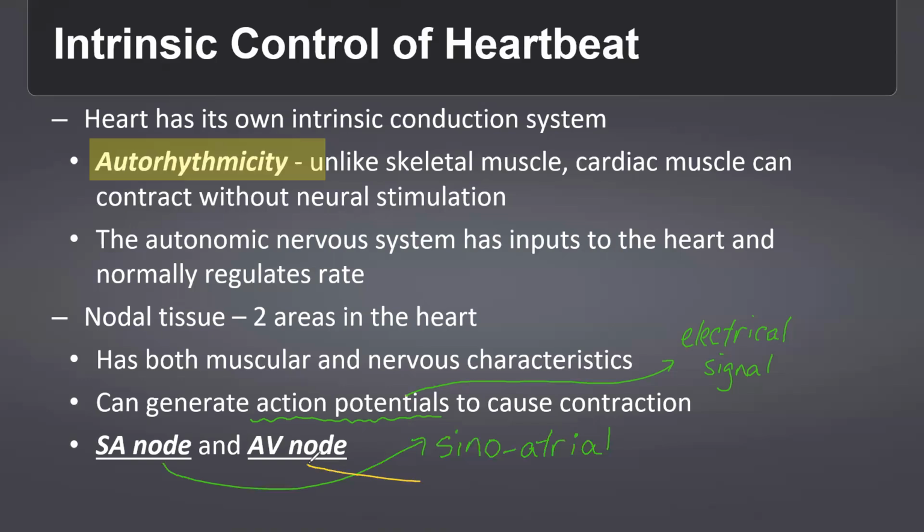And AV node, anybody know what AV stands for? We saw AV in yesterday's class for the valves that exist between the atria and the ventricles. So AV stands for atrioventricular.